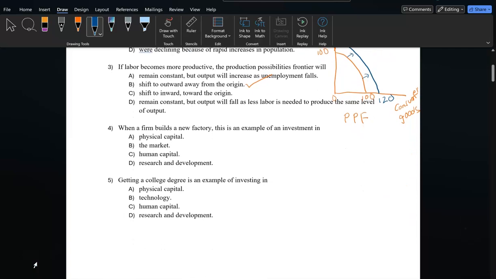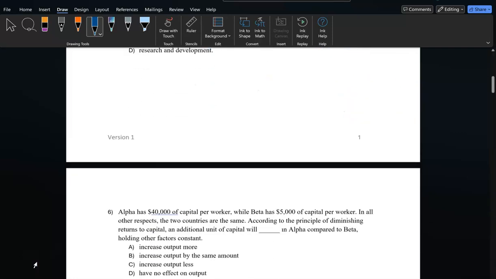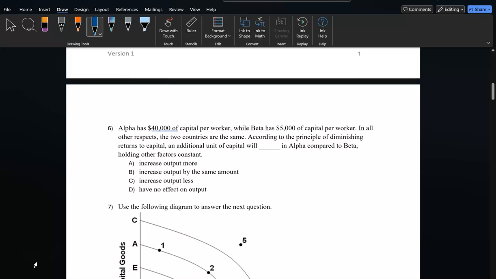Okay. Question 4. A firm builds a new factory. This is an example of an investment in physical capital. Question 5. Getting a college degree is human capital, enriching ourselves.